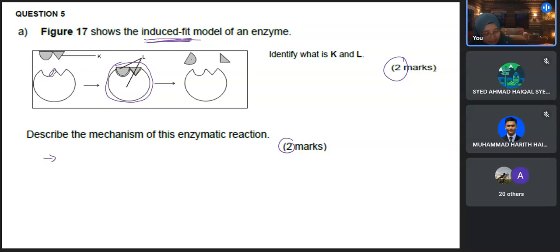Once the product has been produced, it is released from the active site, and the active site returns to its original or uninduced shape. So that is the answer.